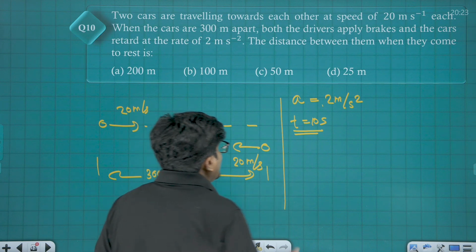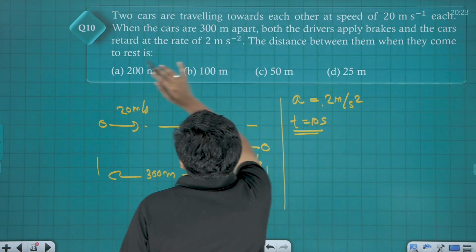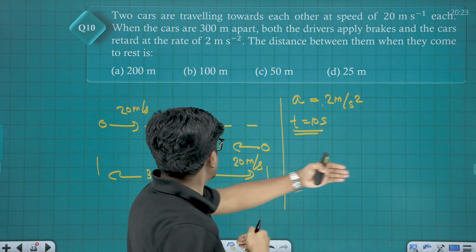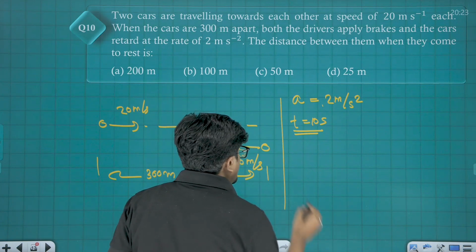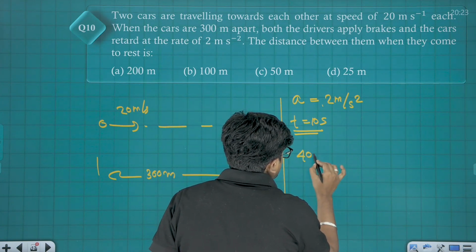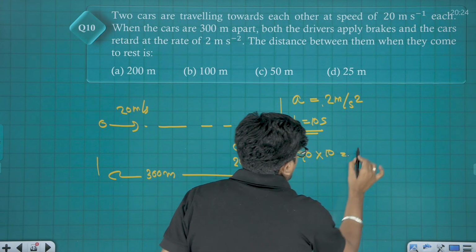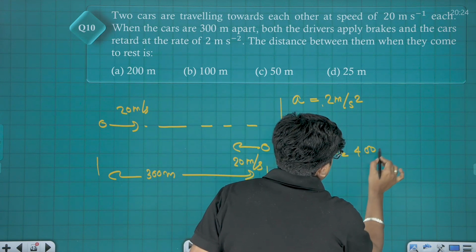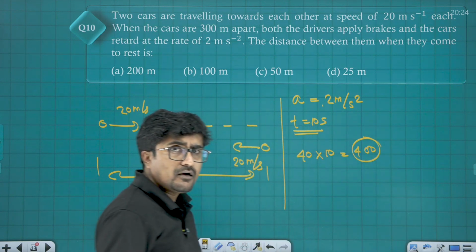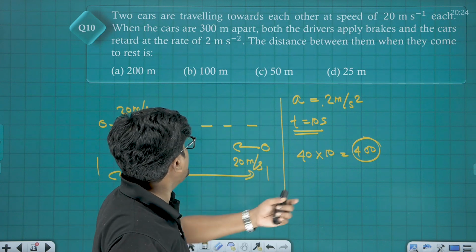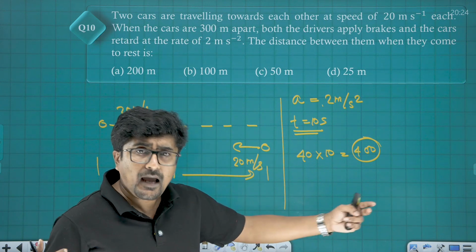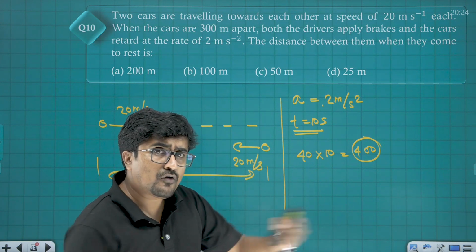So the relative speed is what? 20 plus 20, coming in the opposite direction, so it is 40 meter per second. And the time taken for the stoppage is 10. That means relatively they are going to cover a distance of 400.